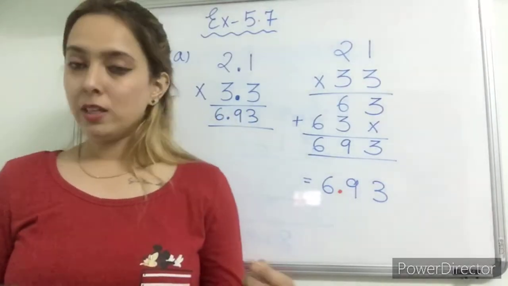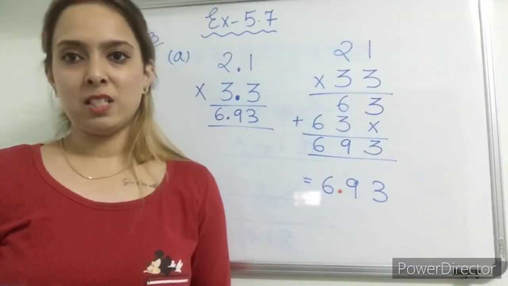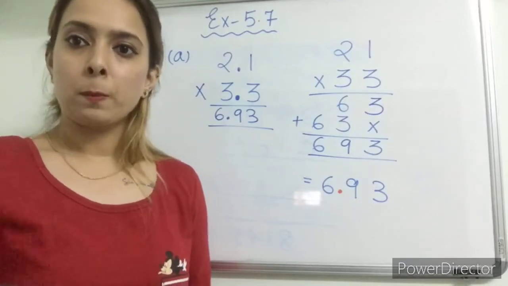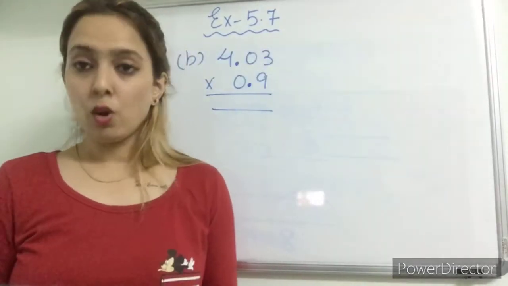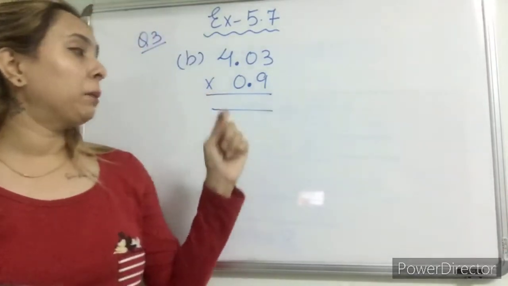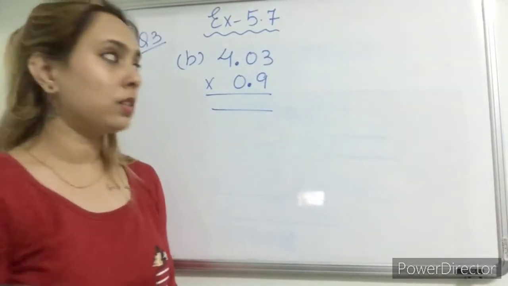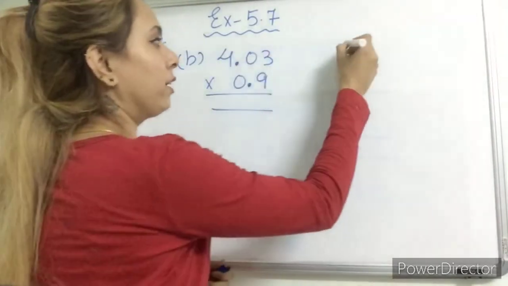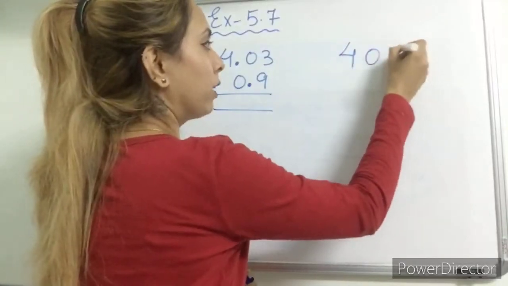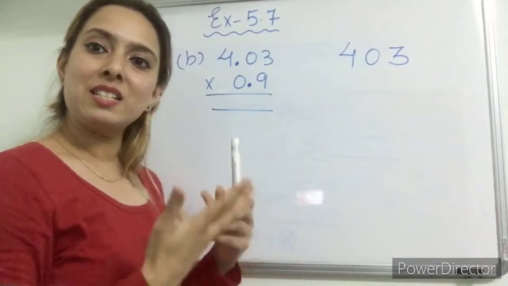I will explain one more example with different decimal places. Part D of the same question number 3: 4.03 multiplied by 0.9. We will remove the decimals. So this will become 403, and this will become 09, which means it's 9 only.